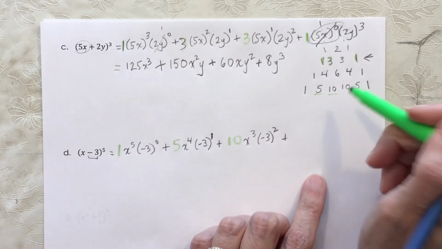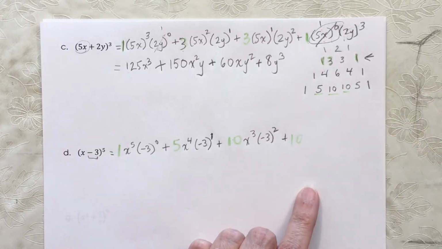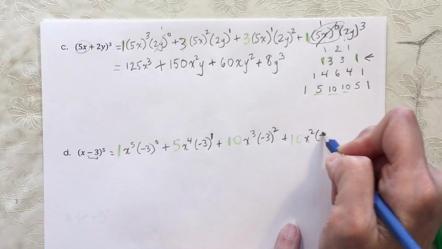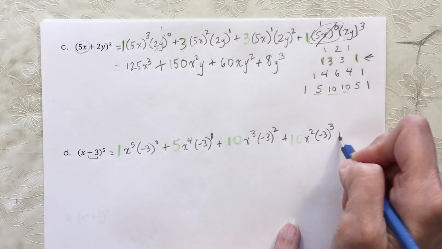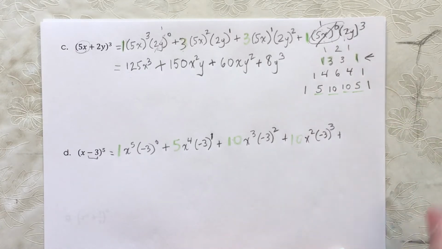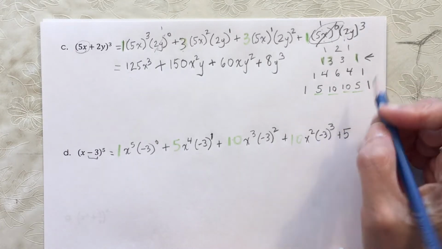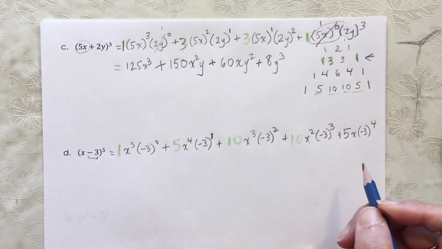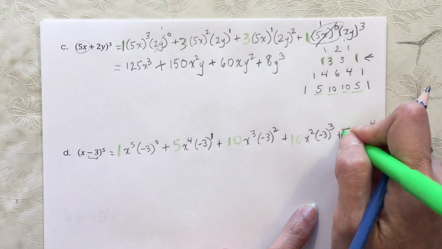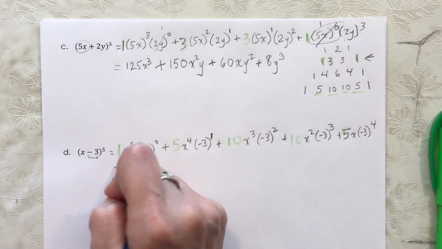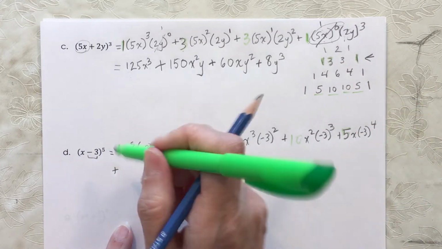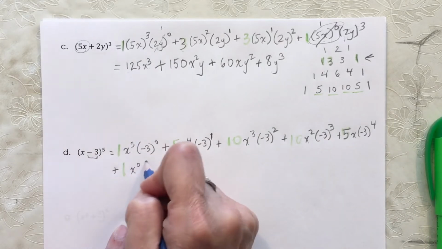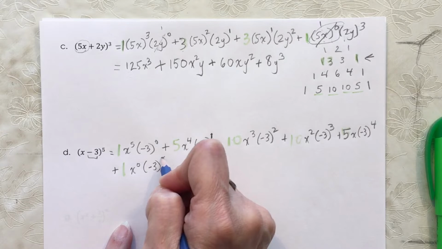Plus, next number is also a 10, x squared, (-3) cubed, plus 5 x, (-3) to the 4th. Oops, this 5 should have been green. Plus 1, x to the 0, (-3) to the 5th.